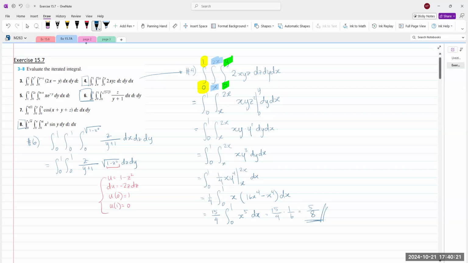So my integral right now becomes integral from 0 to 1, integral from 1 to 0 of u to the power of 1/2 over y plus 1, and I will substitute z dz by du over negative 2.